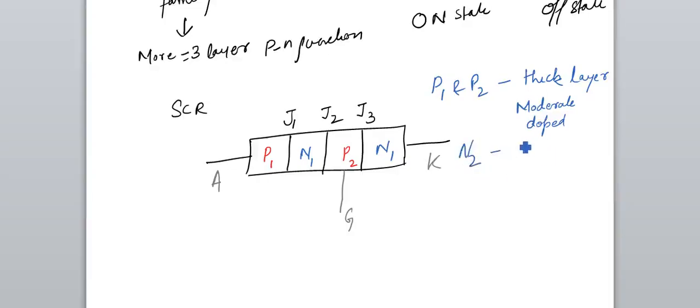Next is your N2. It is a thin layer, but heavily doped.